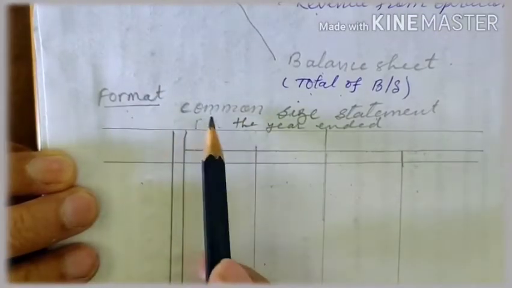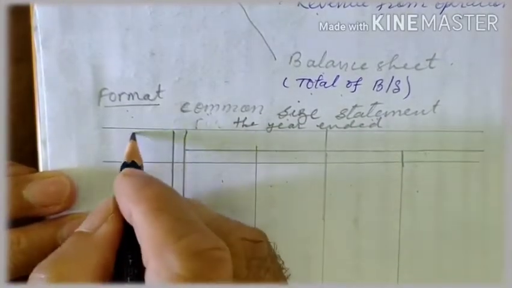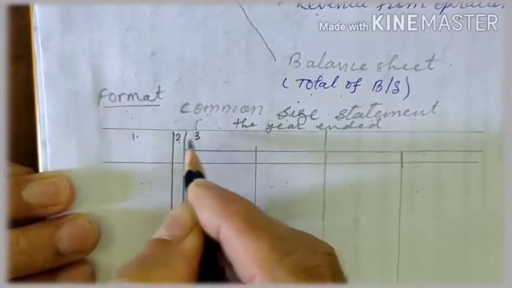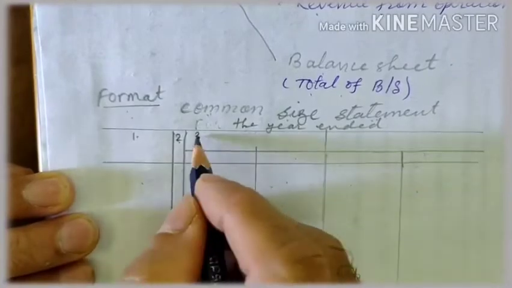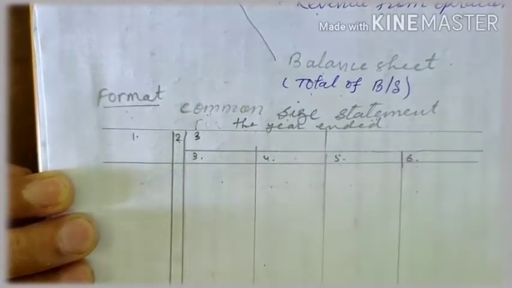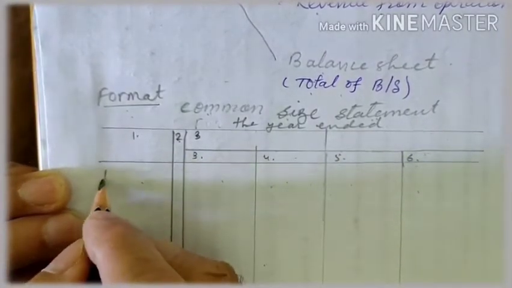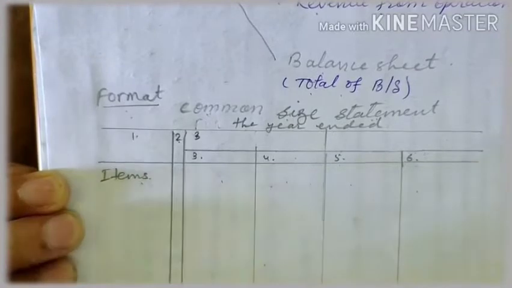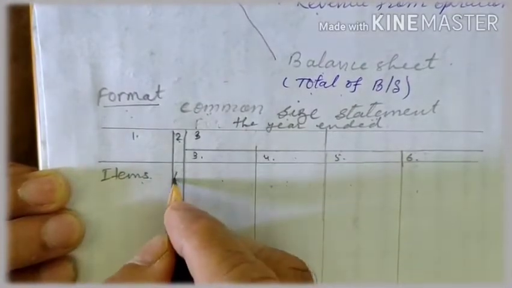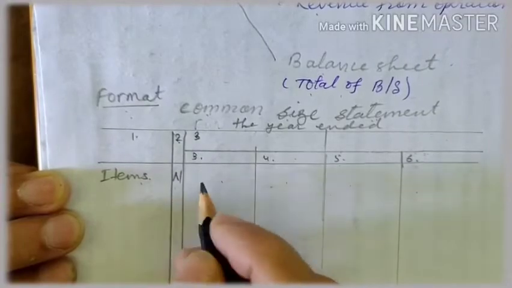Format for common size statement, you will have 1, 2, 3, 4, 5, 6 columns. In the first column you will write down the items. This is the note number. Some workings if required, we'll do the workings. Put the note number here.